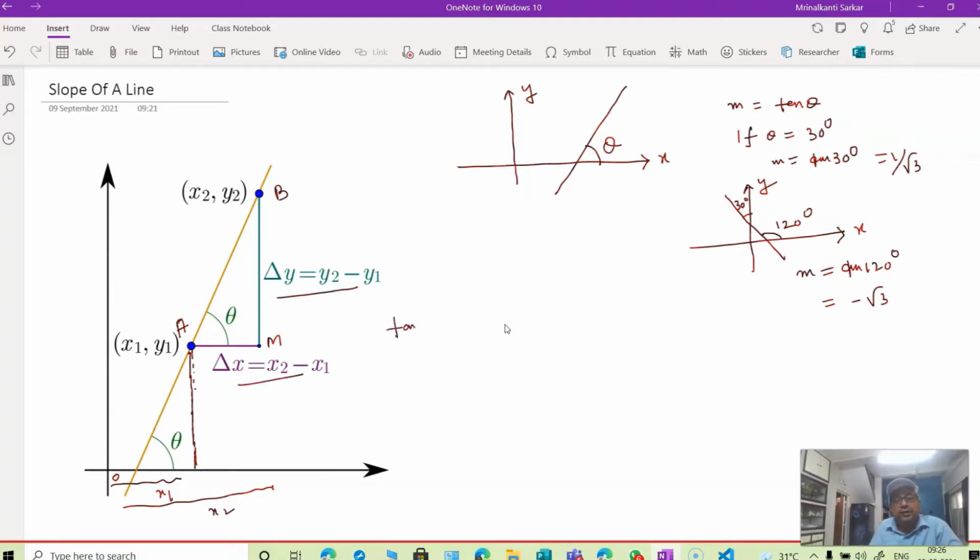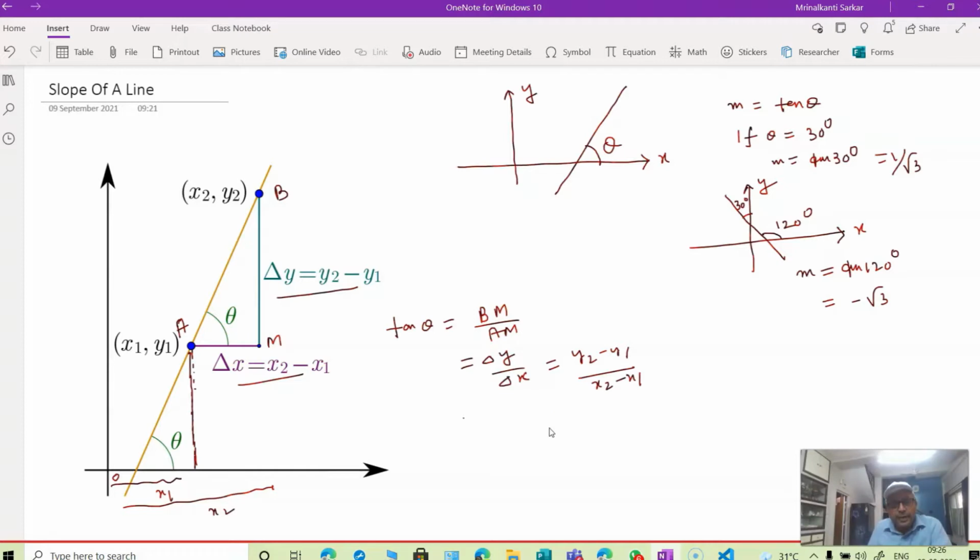So tan theta this time is going to be delta y by delta x, y2 minus y1 by x2 minus x1 is the slope of this line.